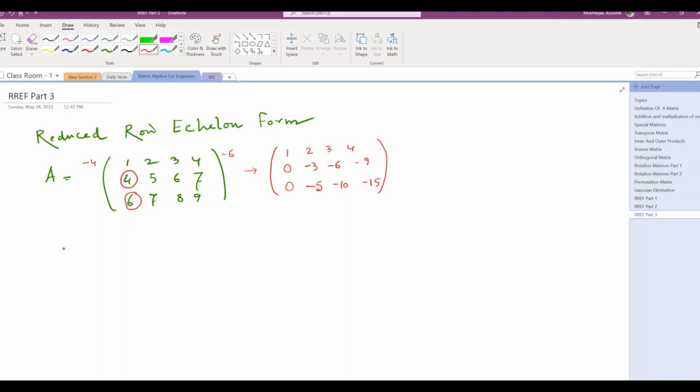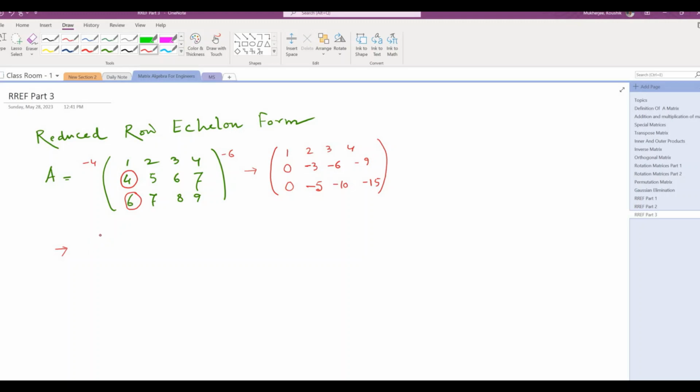Okay, now what is our next goal? Our next goal in this case is basically make sure that all the pivot elements are basically 1, right? So what we can do, we can simply divide the second line by 3.